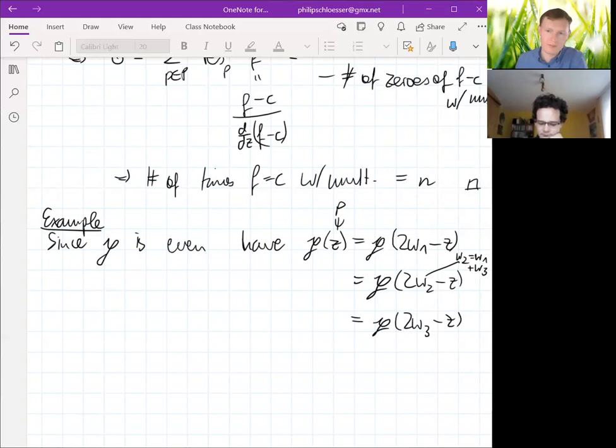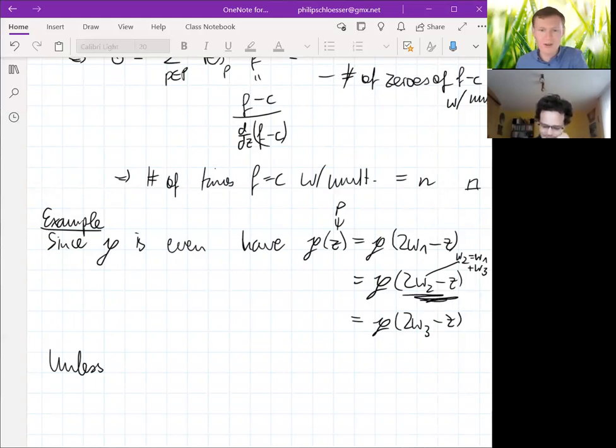And one of them is always in P. If our value is on, usually you go for this one here.